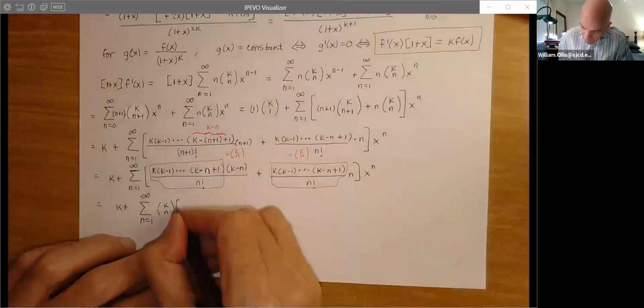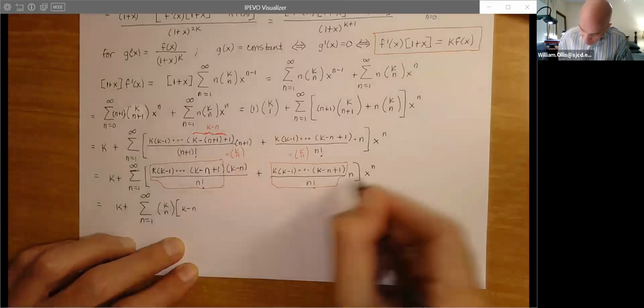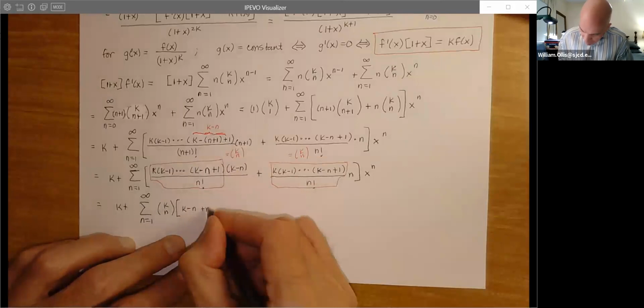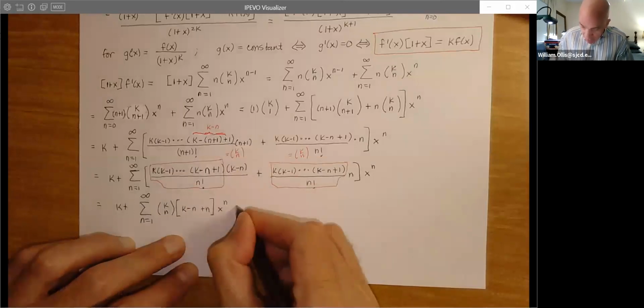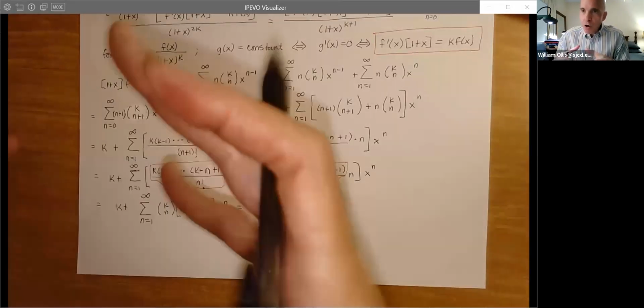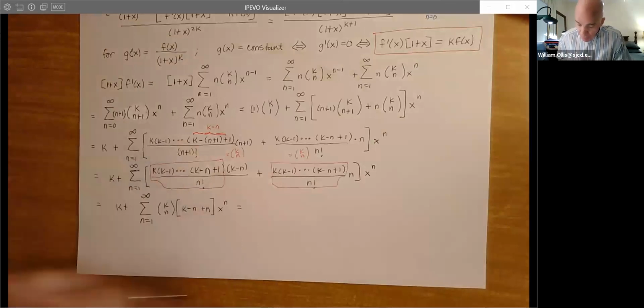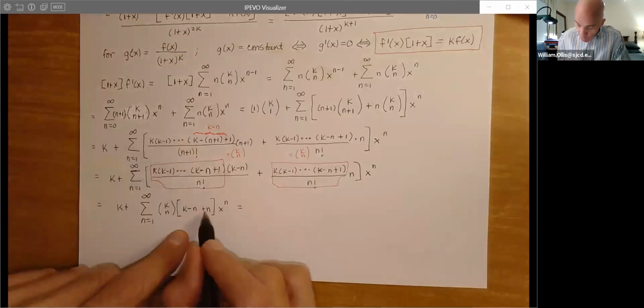And so now we get what? K minus n plus n times x to the n. So what I've done is push the arguments together to make them a little bit cleaner so they don't take so much time. So now notice the n's absorb.